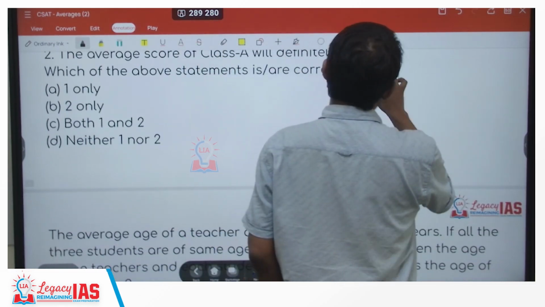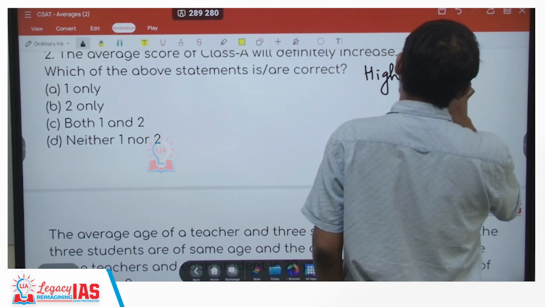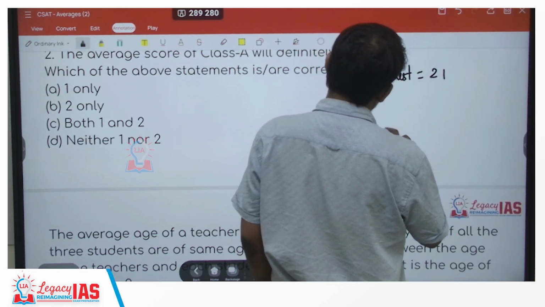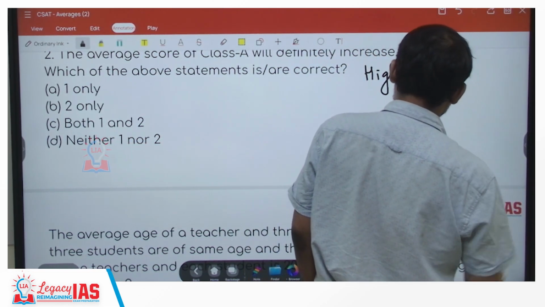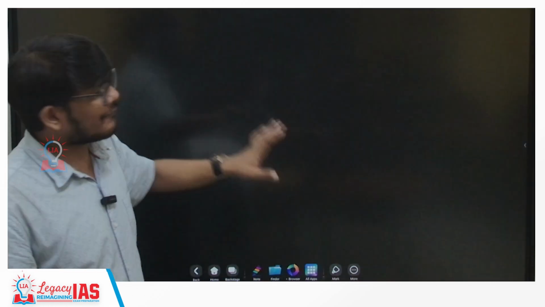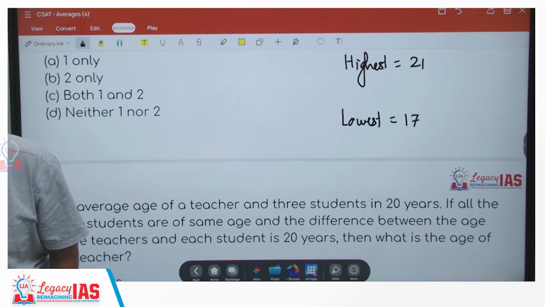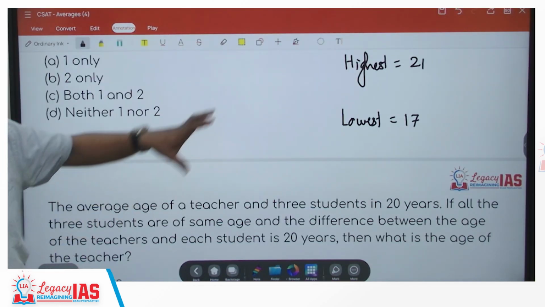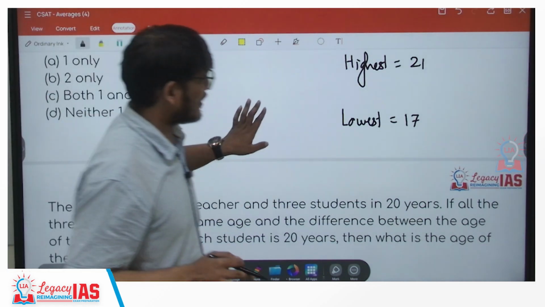If my highest score is 21 and my lowest score is 17, then what will be my average?